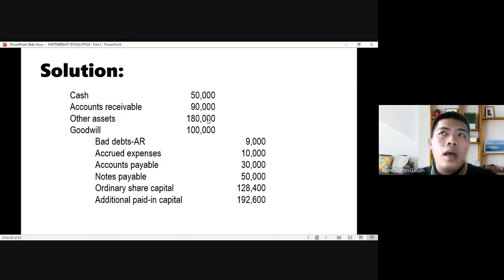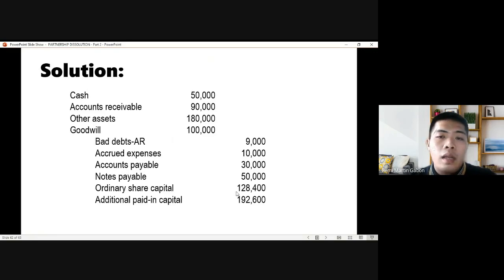Then to take effect the conversion of the partnership by recognizing the assets in the new corporate book, debiting the assets, and crediting the contra assets and other liabilities to the new corporate book, and crediting the new corporate capital.